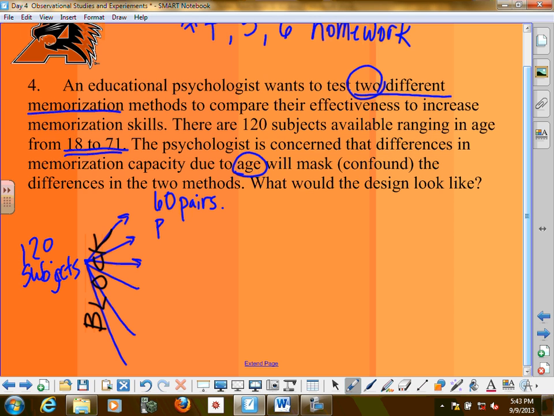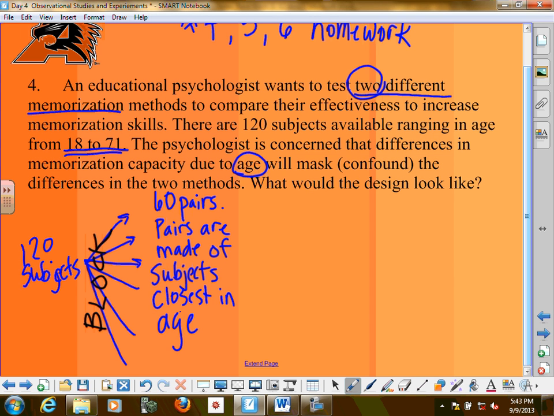So the pairs are made of subjects closest in age. You know, so I'll figure it out. And if they're both 18, or if I have 5 18-year-olds or whatever, then surely I can still match them month-wise closest to each other. So pairs are made of subjects closest in age.